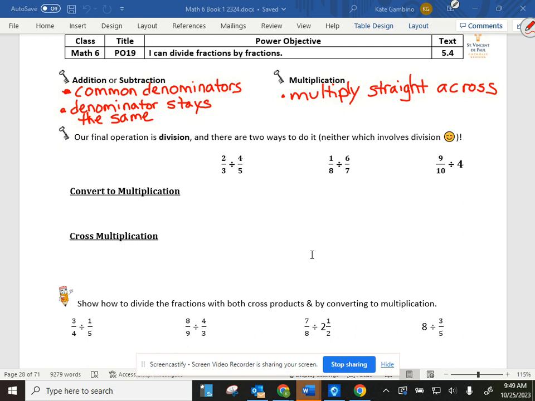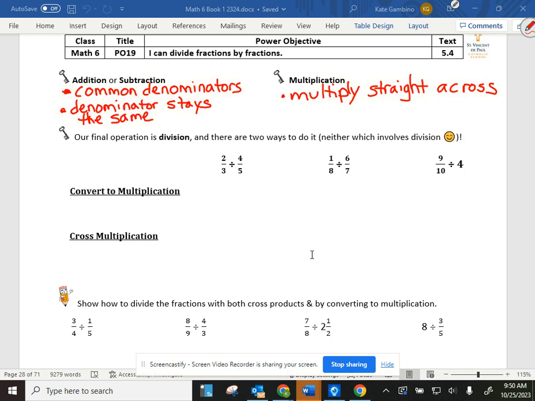So our final operation is division. There are 2 ways to do it, and neither of them involve division. Interesting. So we're going to look at what that means. The first one is to convert to multiplication.